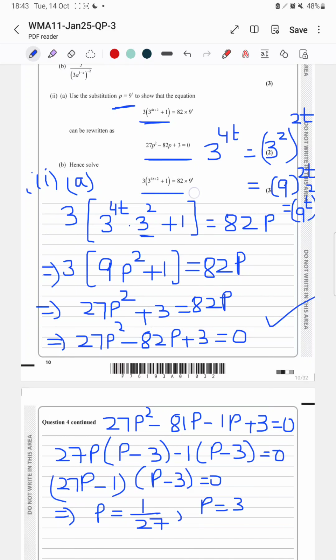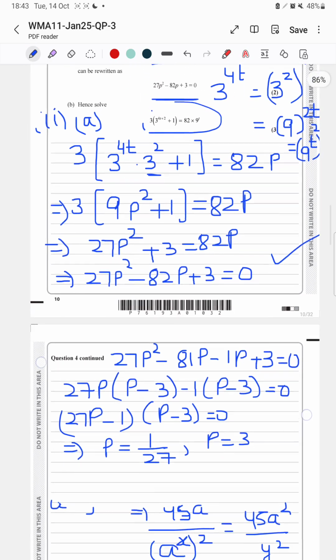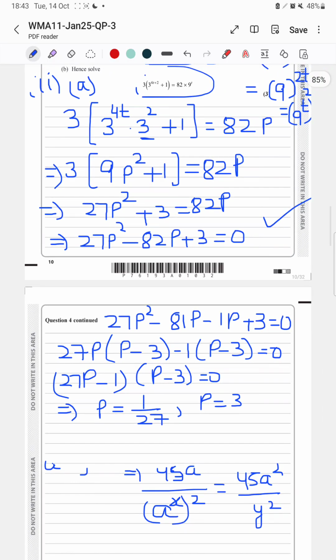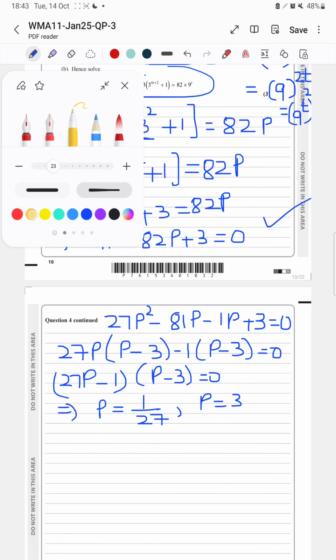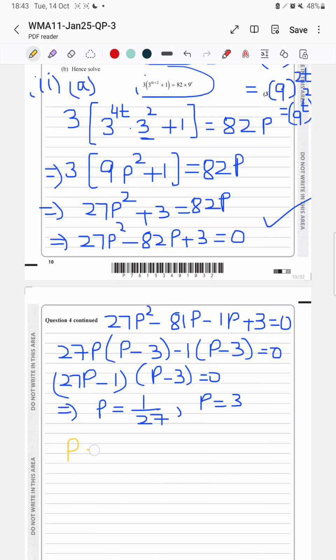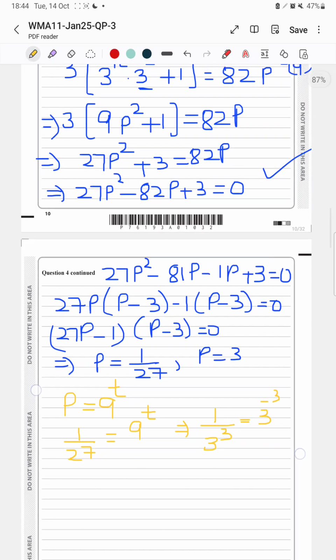But they said hence solve this equation, which is in terms of t. So it is mandatory for us to give the answer in terms of t. What is t? As per the question, we have been given that p is equal to 9 to the power of t. So we write 1 over 27 is equal to 9 to the power of t. 1 over 27 can be written as 1 over 3 cubed, which is 3 to the power of negative 3.